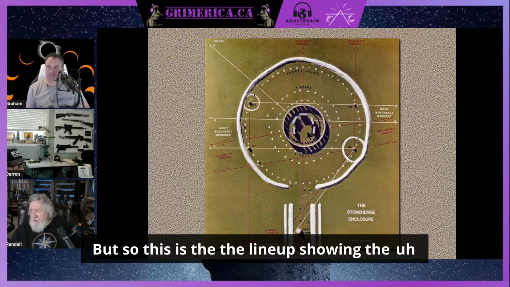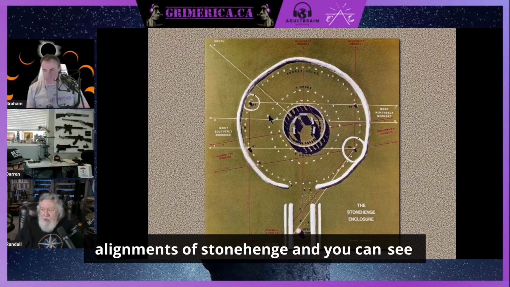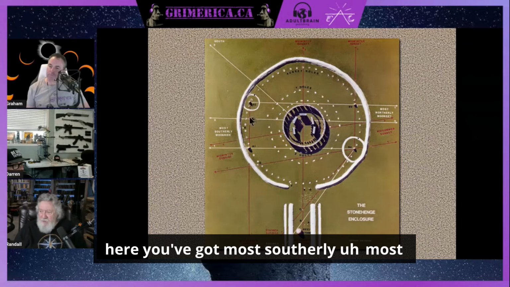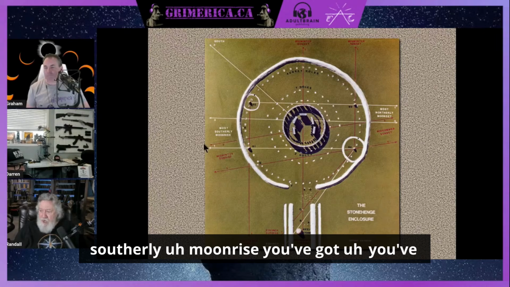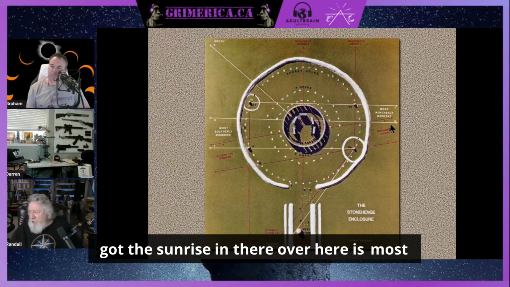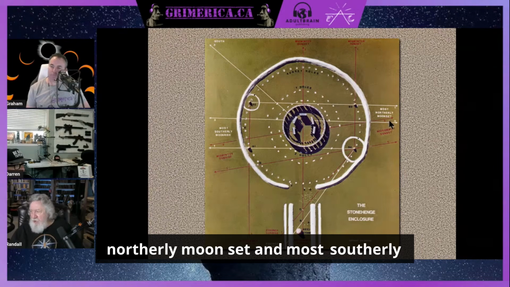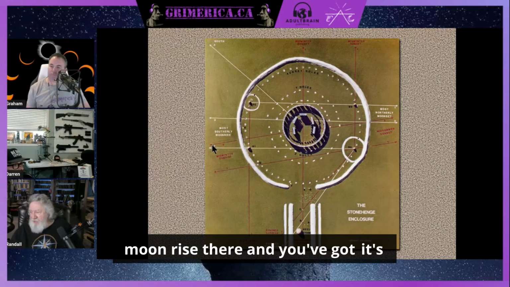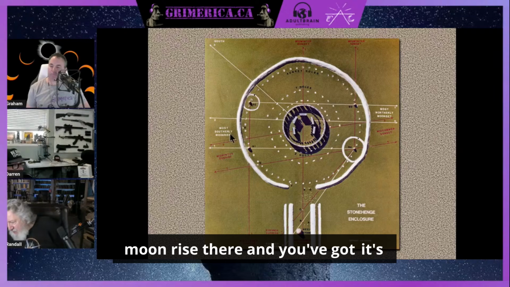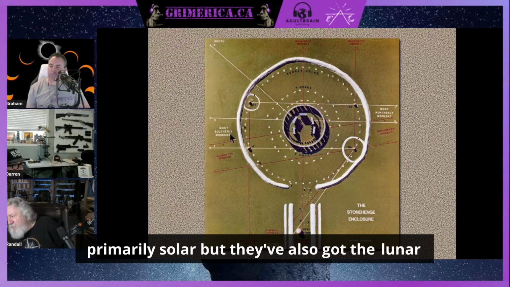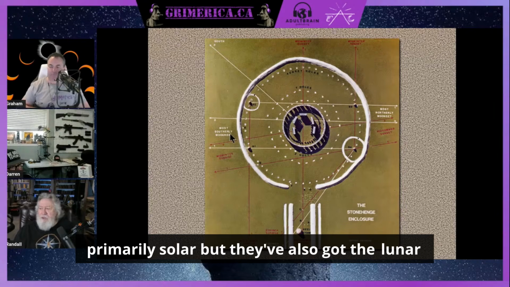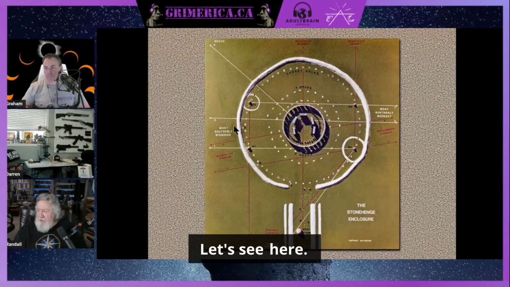This is the lineup showing the alignments of Stonehenge, and you can see you've got most southerly moonrise, the sunrise, most northerly moonset and most southerly moonrise over here. It's primarily solar, but they've also got the lunar alignments in it.